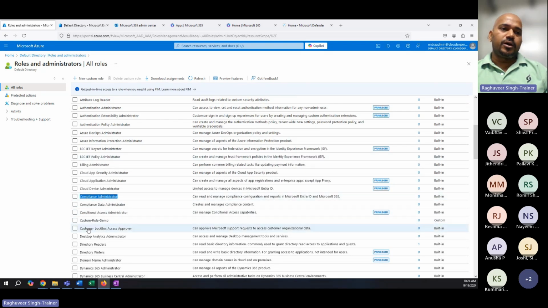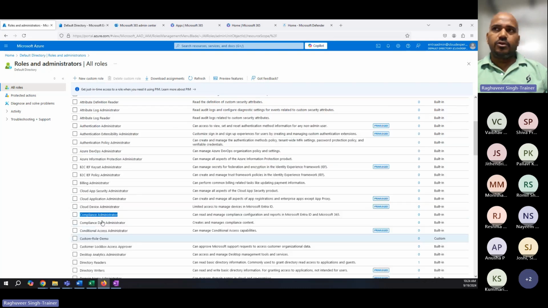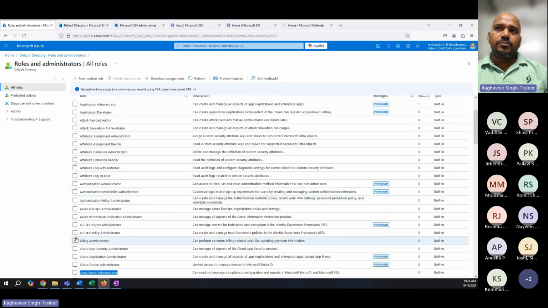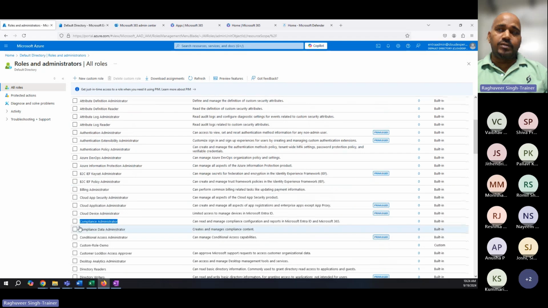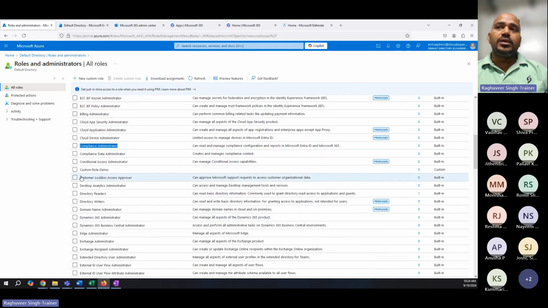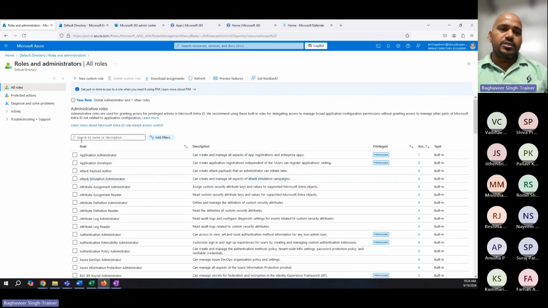When there is a custom requirement, you can create a custom role. Instead of selecting multiple roles and assigning them to one identity, you can basically create a custom role and assign it to appropriate identities. So taking the first example, sometimes I want to give my employees create and manage capability, but not delete capability.